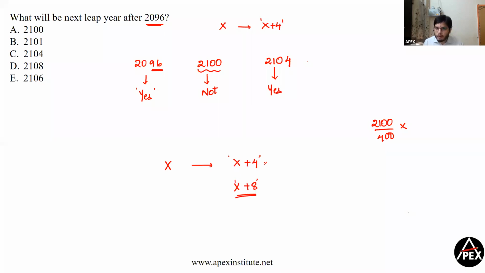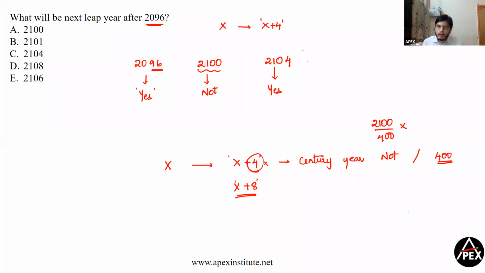When is this not valid? When you have a century year which is not divisible by 400, then this cyclicity of 4 will not be there. Can someone tell me what will be the maximum gap between two leap years? Perfect.